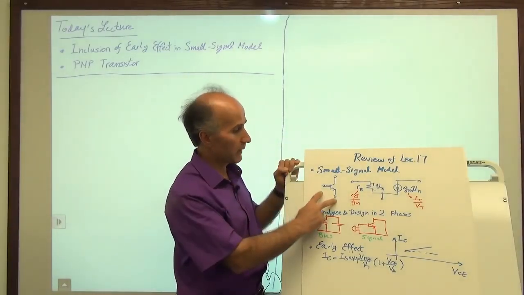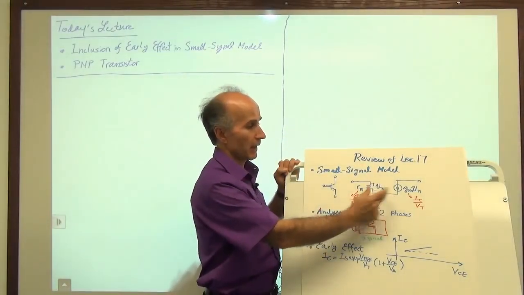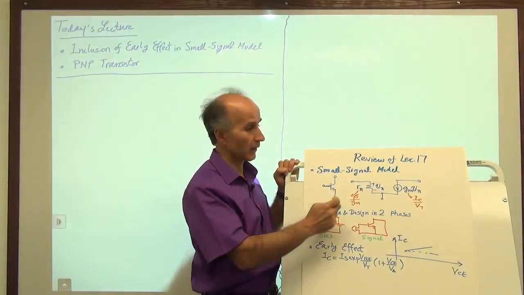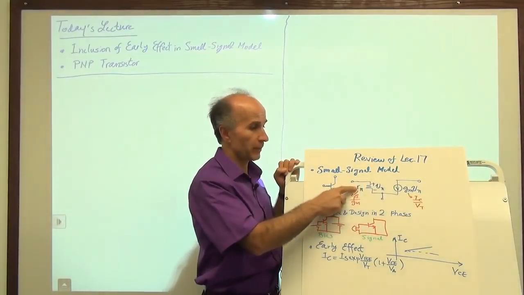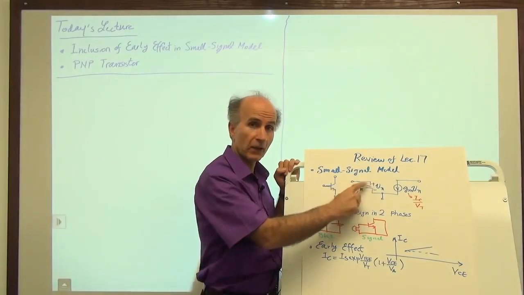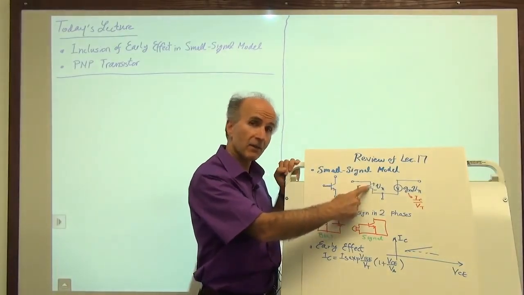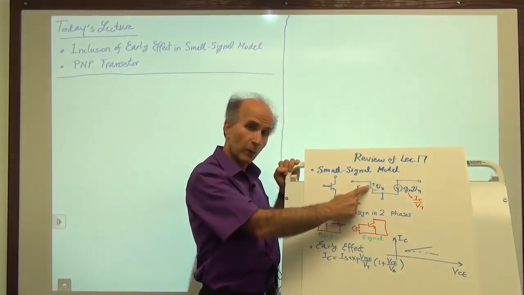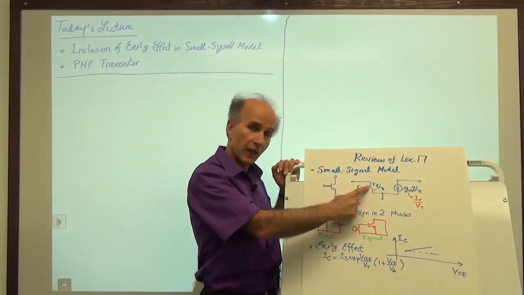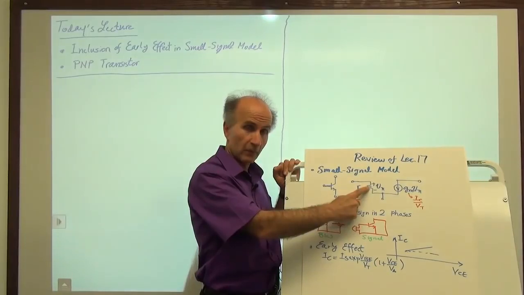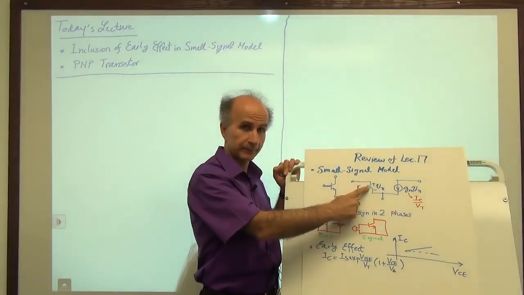And for that, we saw that we can arrive at the simple model consisting of R pi, which represents the base current that flows as a result of the signal. Or we can think of it as the changes in the base current as a result of the signal. Meaning that there is a base current, the bias base current, and then it goes up and down because the signal is coming in.